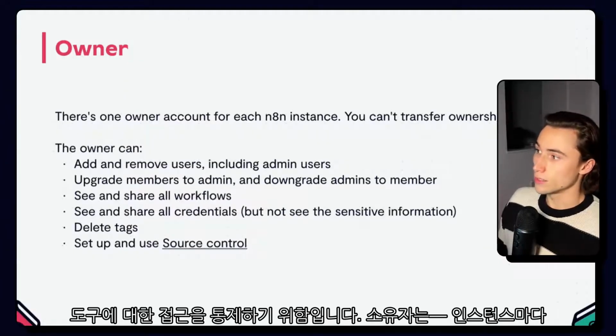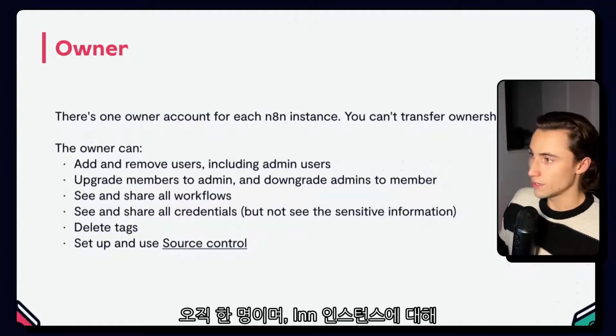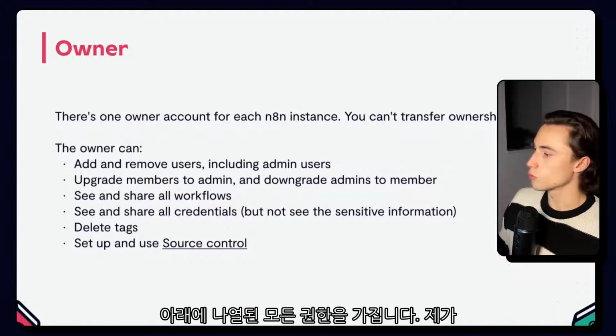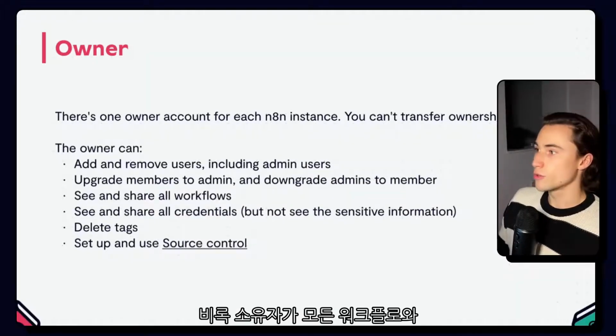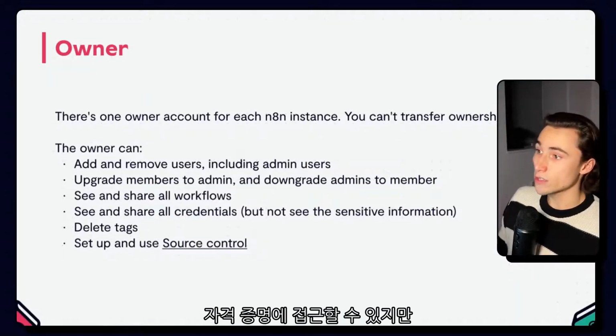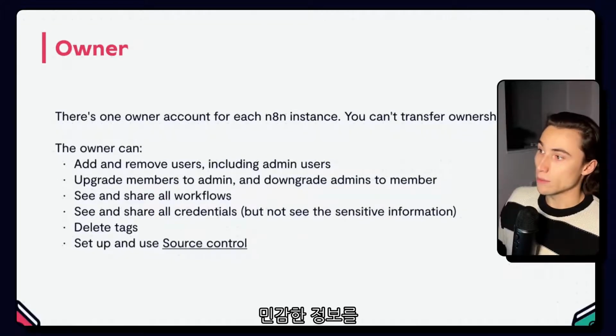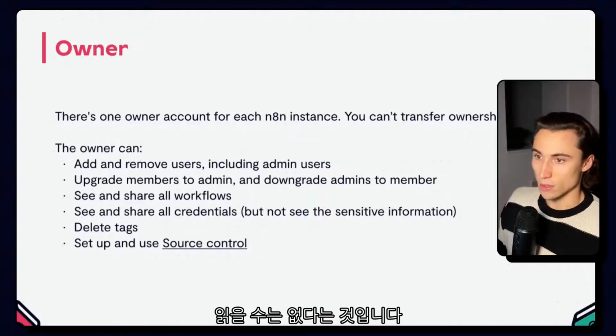The owner, there's only one owner per n8n instance, and they have all of the rights listed here below. I won't read through all of them. What's important to note is that even though they have access to all the workflows and credentials, they won't be able to read the sensitive information.